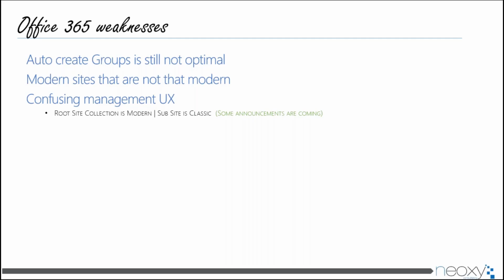Whenever you try to change all the information architecture, if you are not good enough to bring a good information architecture, well, you will frustrate your users, because they know their stuff, they know how to work, they have been working for ages with subsites, and now everything is under one root site collection. If you don't train them, if you don't give them the correct explanation, well, productivity is going down.